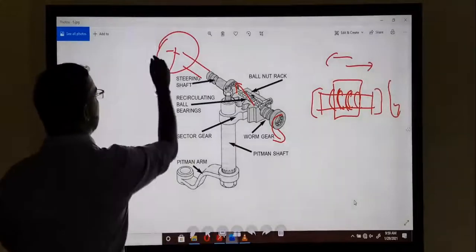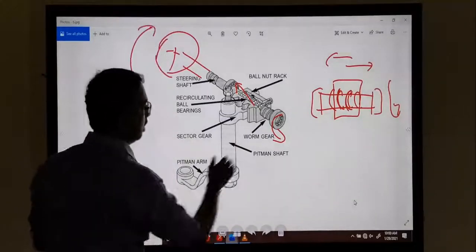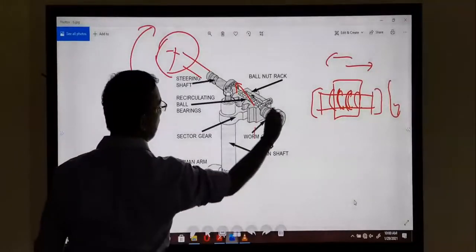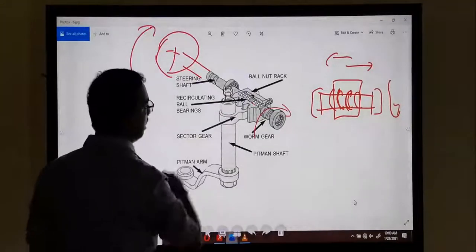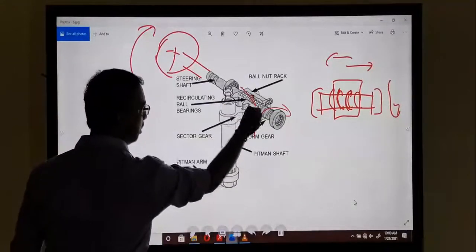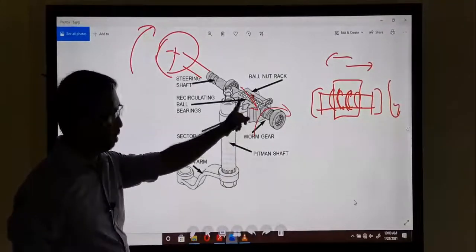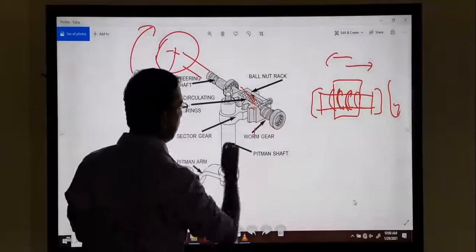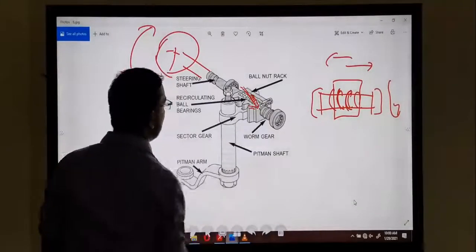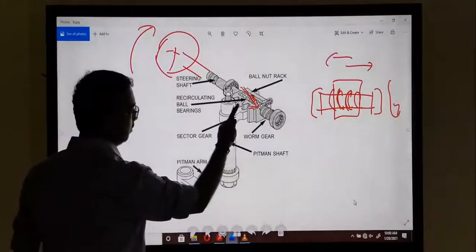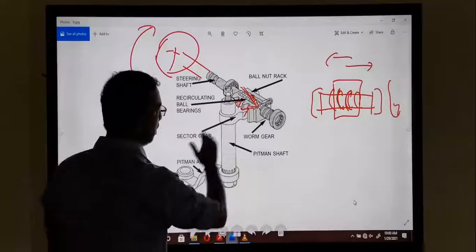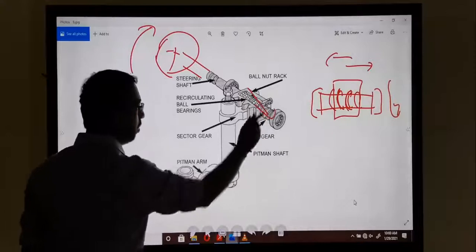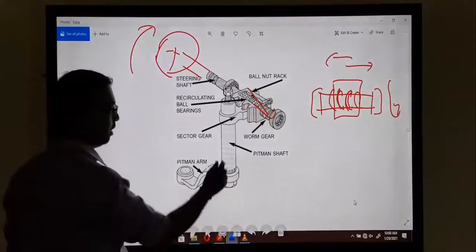If we change the direction, turning to the other side, this shaft moves this way. That time this ball nut track moves this way on its worm gear. Just think, here there is a gear sector. This gear is meshed with the nut. So when this ball nut is dragged this way, what happened that time?